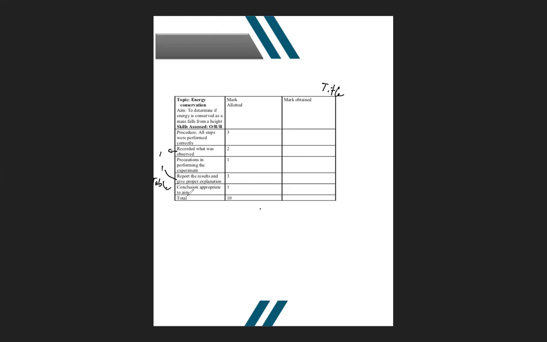Two of these marks go towards your explanation, and one mark goes towards observation. So you want to state what was observed in your results, and then you want to explain what is happening. This is a breakdown of the marks.